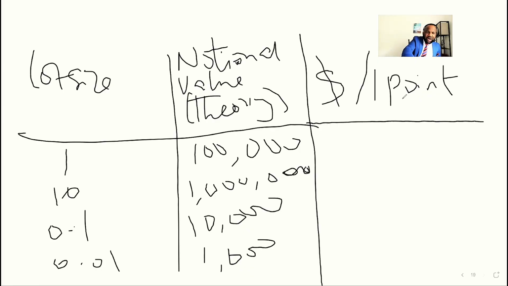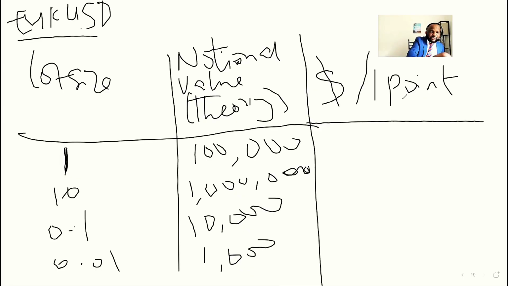If you trade with one lot, if you bought or sold Euro USD, I'm using Euro USD now because the values differ according to the asset. You don't really need to bother yourself about what the values are. I just want you to understand the concept. I can provide you a sheet of paper that gives you all the values of all of them.